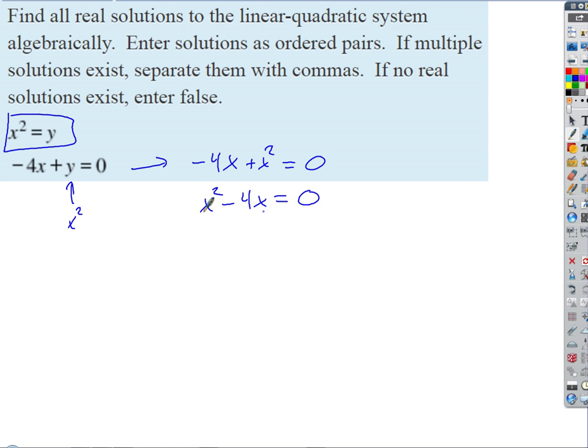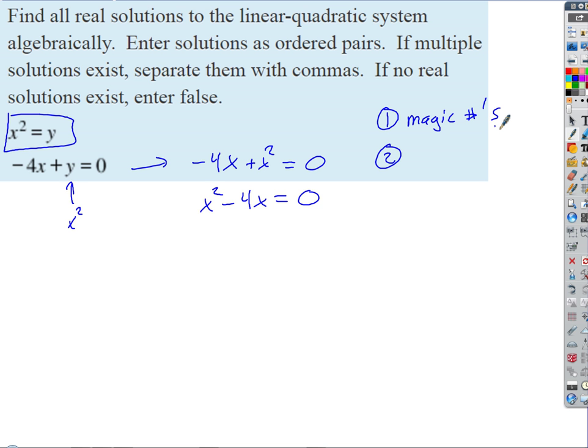If I've got an x squared and an x in my equation, then really there's two things I could do. The first thing I always want to try to do is look for magic numbers. If there are magic numbers, or if I can factor this very easily, then that's the quickest way to do it.